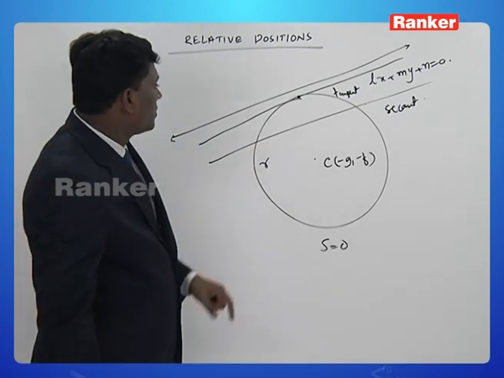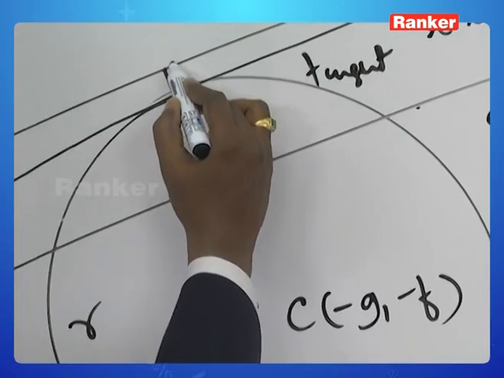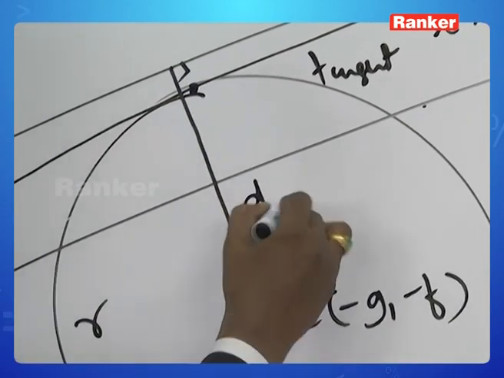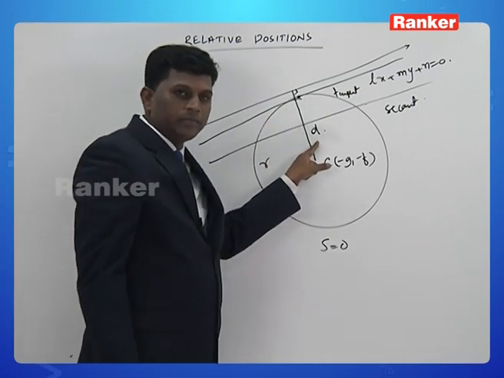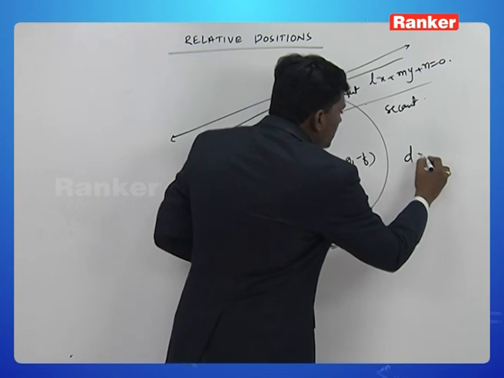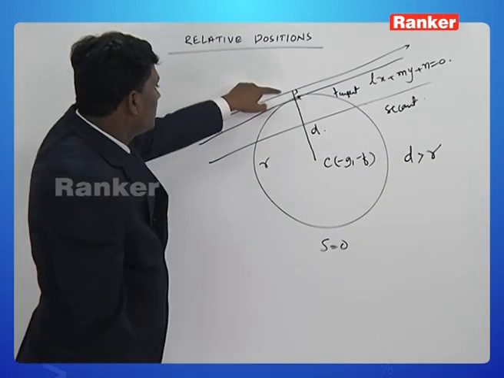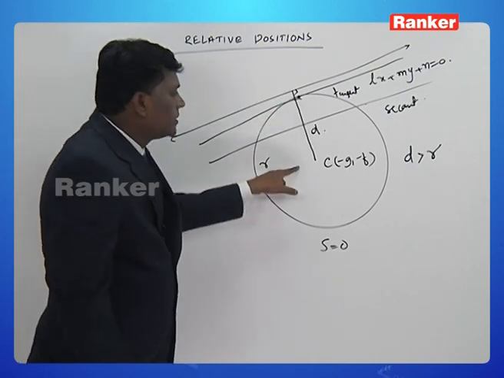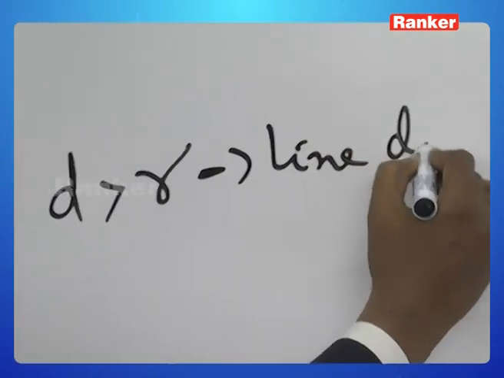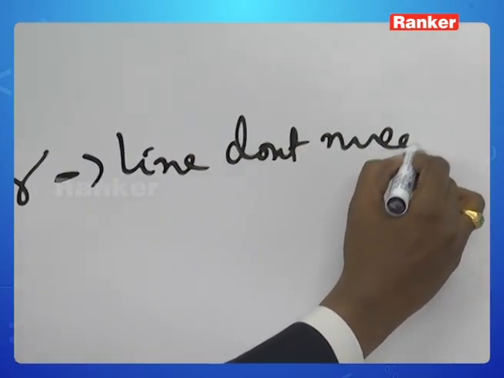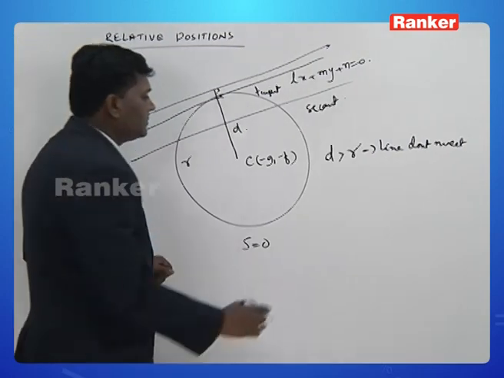In the diagram, if you observe very closely, the perpendicular distance from center to the given line, if we are assuming it as some d, if this d value is more than the radius of the circle, clearly the line has no common point with the circle, then the line does not meet the circle here.